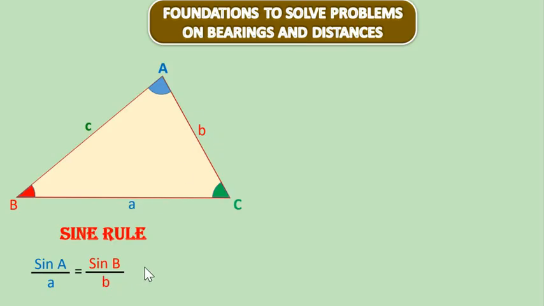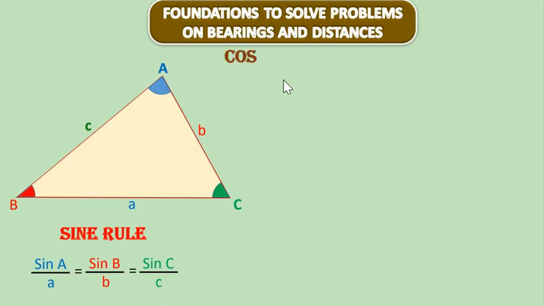And that will be equal to the sine of angle C divided by the side opposite it, small c. So that is the sine rule. We can also write it in the inverted form: small a over sine A is equal to small b over sine B is equal to small c over sine C, but I prefer this format.